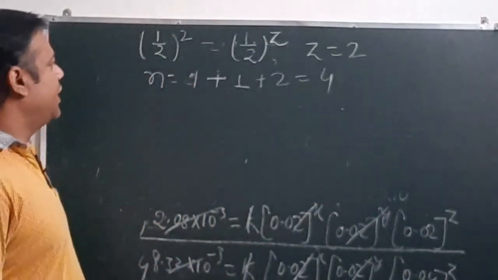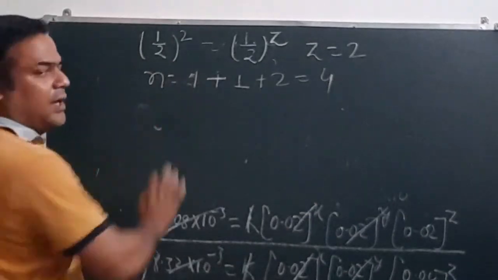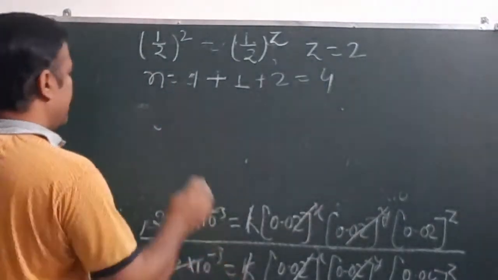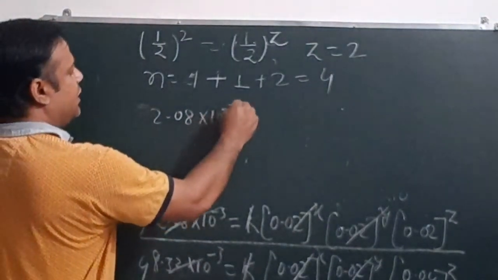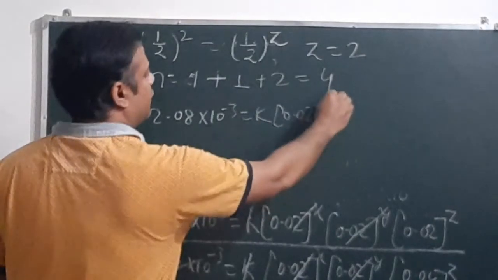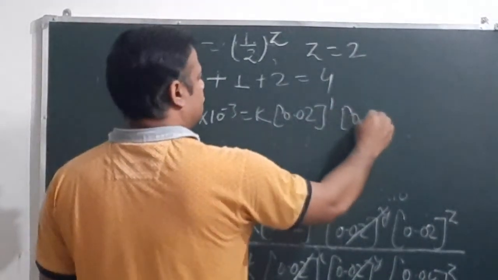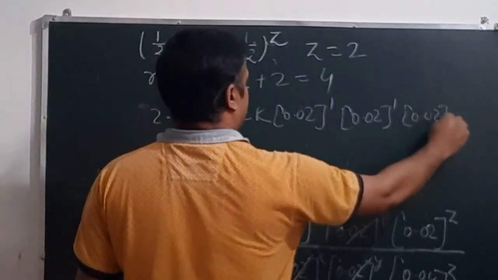Once we have calculated these orders, we can write the rate expression in any equation: 2.08 into 10 to the power minus 3 equals K, 0.02 to the power 1, 0.02 to the power 1 and 0.02 to the power 2.